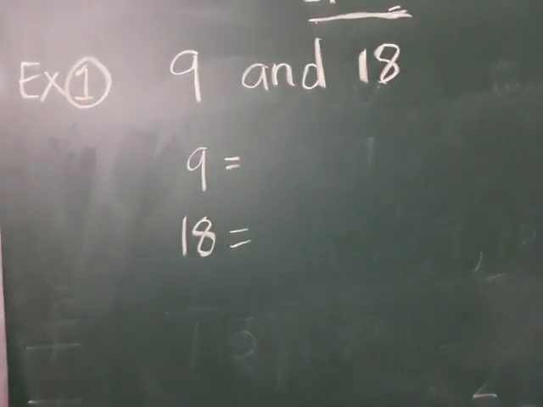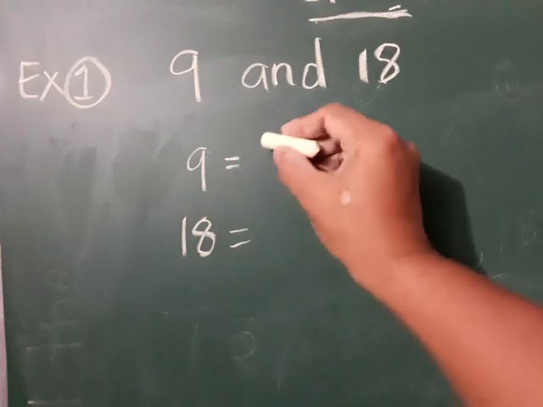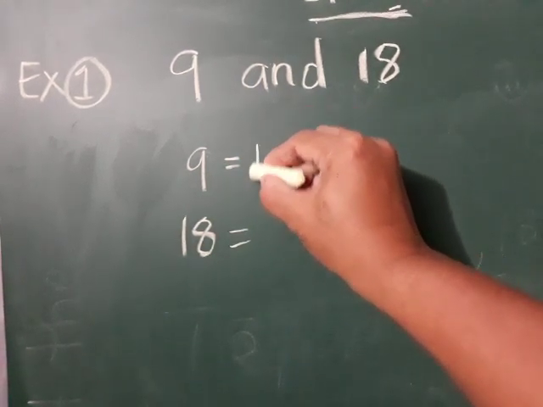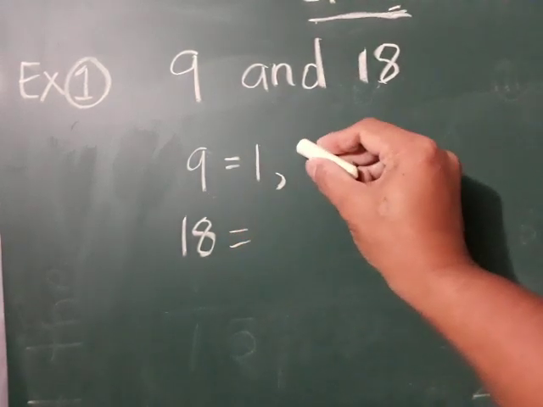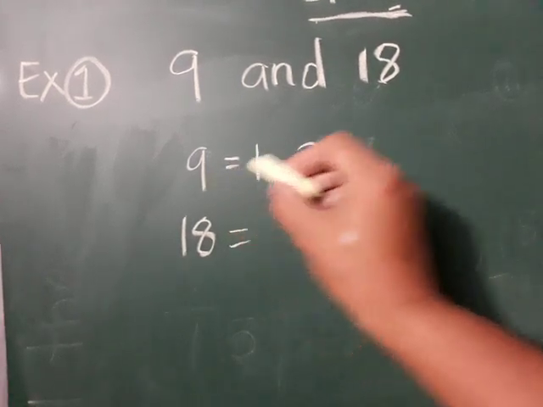And when we say factor, these are the numbers that are divisible by the given number. Okay, so 9, what are the factors of 9? Of course, 1. What else? 3. Why? 9 is divisible by 3. And of course, 9 itself.